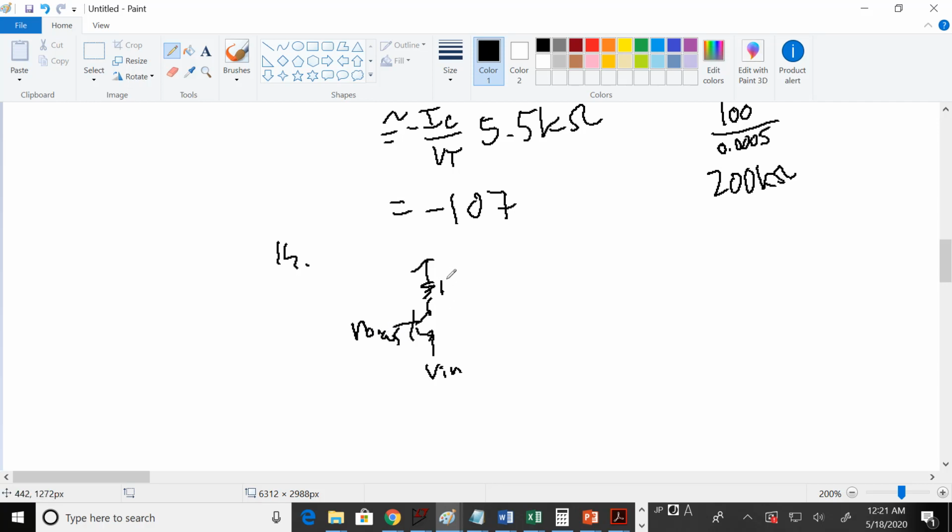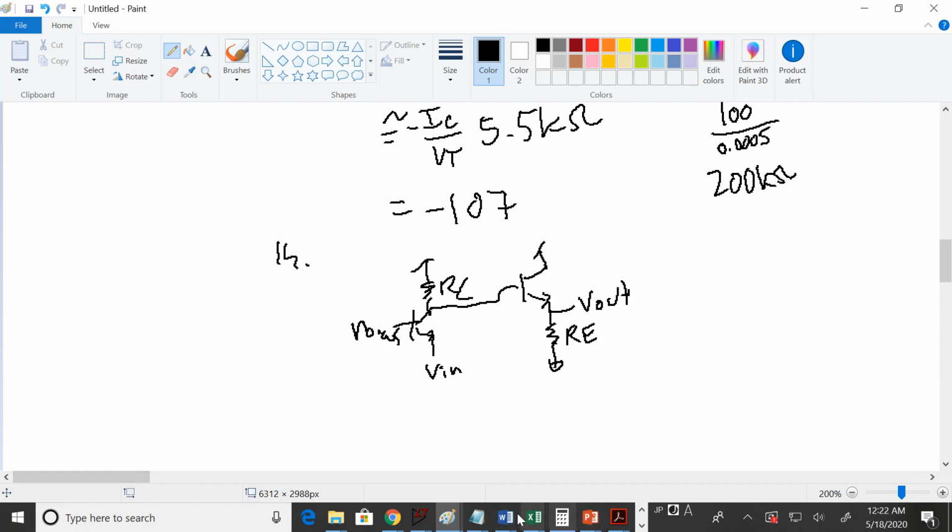And this has a comparatively high R out. It's RC in parallel with RO. So if you connected it to something and something pulled current, it would change your voltage here. So let's call this RE, this RC.